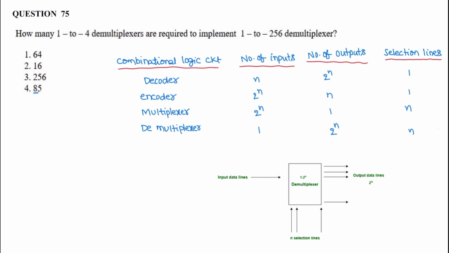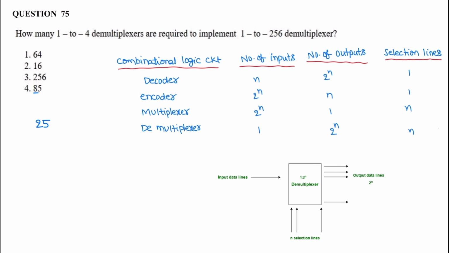Question number 75. How many 1 to 4 demultiplexers are required to implement a 1 to 256 demultiplexer? We know that decoder, encoder, multiplexer, demultiplexer are combinational logic circuits. For a demultiplexer, the number of inputs is 1 and the number of outputs is 2 power n with n selection lines. We need to implement a 1 to 256 demultiplexer with the help of 1 to 4 demultiplexers.